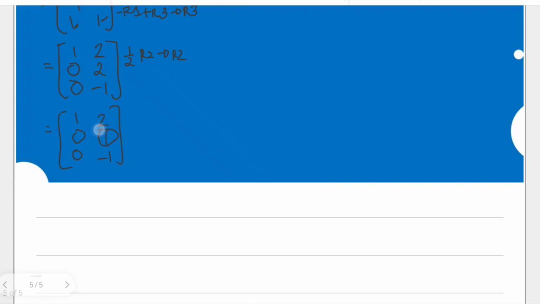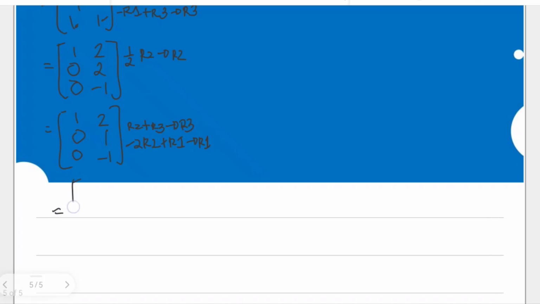Since this is already a leading one, to make this entire matrix be in its reduced row echelon form, we need to make sure that the other entries aside from that leading one, which are 2 and -1, are equal to 0. Hence we can do this: row 2 plus row 3 for a new row 3 to make this 0, and then -2 times row 2 plus row 1 to make this entry here 0.